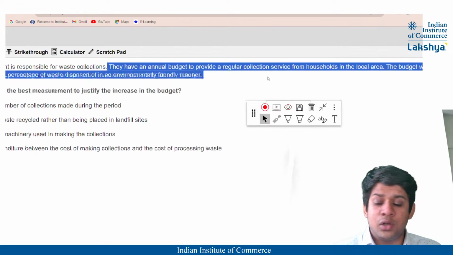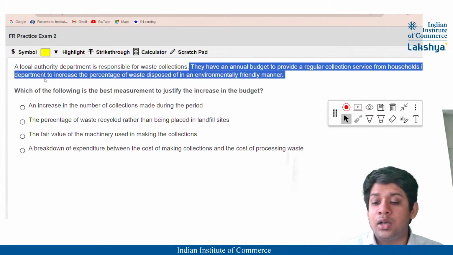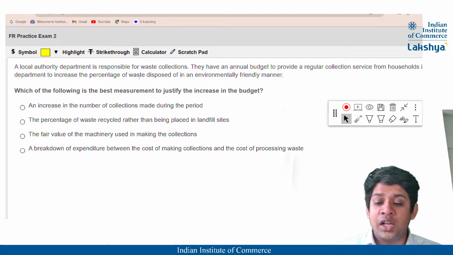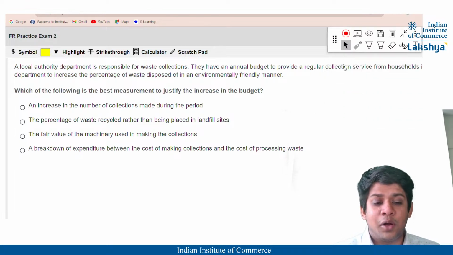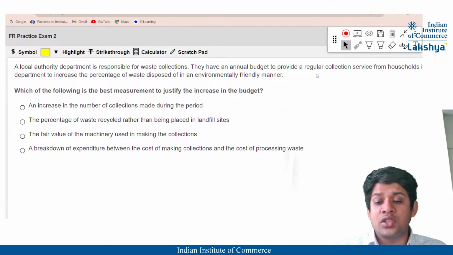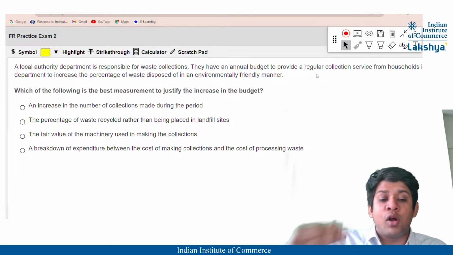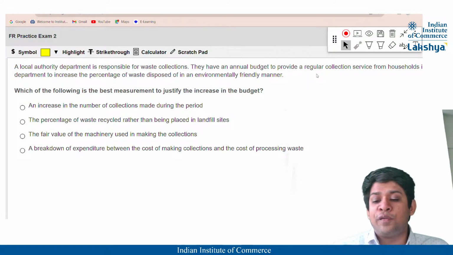The budget was increased to enable the department to increase the percentage of waste disposed of in an environmentally friendly manner. That means technically probably just recycle the waste which is disposed of. That percentage they want to increase, because they want to increase the amount of waste which is recycled. So for that their budget is going to be increased.